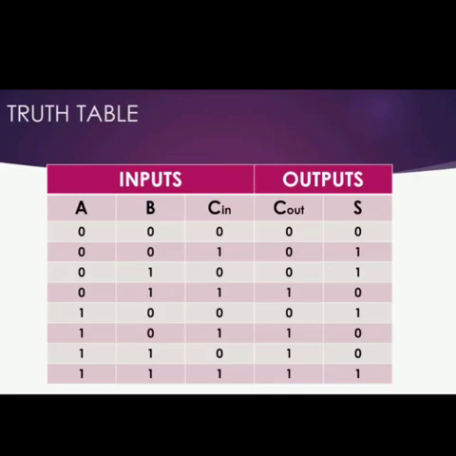When we are adding 0 plus 0 plus 1, we get sum as 1 and carry as 0. When we add 0 plus 1 plus 0, we again get sum as 1 and carry as 0. Likewise, when we are adding 1 plus 1 plus 1, we get both sum and carry as 1.